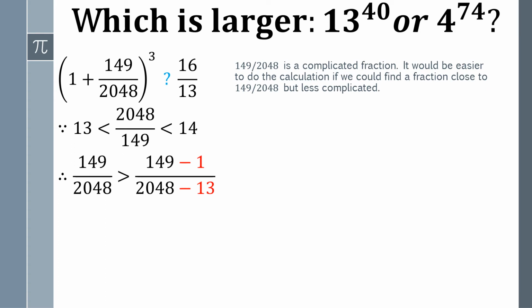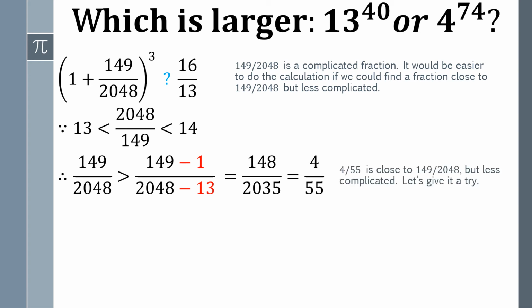Therefore, 149 over 2048 is larger than 149 minus 1 over 2048 minus 13, which equals 148 over 2035, which can be simplified as 4 over 55. Apparently, 4 over 55 is close to 149 over 2048, but less complicated.